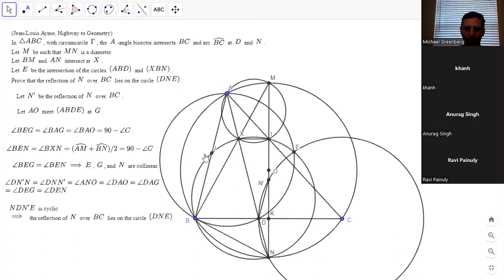Yeah. So by symmetry, it's probably just because the circle is the circle with diameter XN. So by symmetry, XJ equals XI. Oh, interesting. All right, that's a cool way to see it.